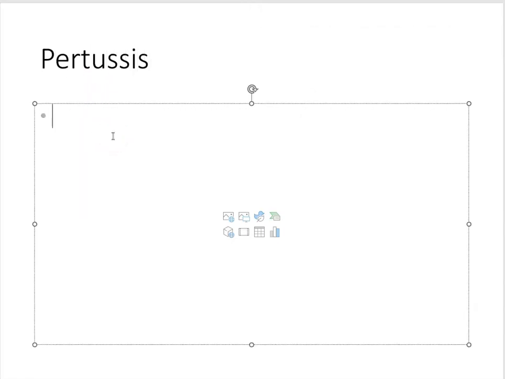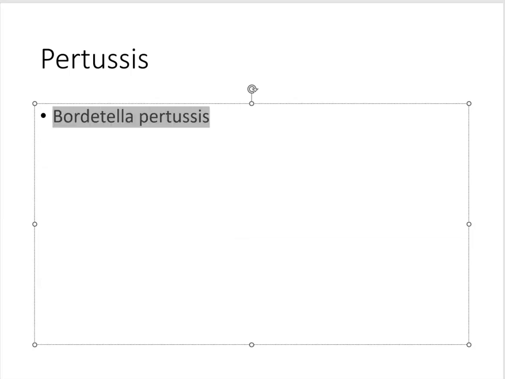This is caused by Bordetella pertussis. And this is the P in DTaP, Tdap. So the aP is acellular pertussis. It's some part of this bacteria without the whole cell. So it is vaccine preventable.